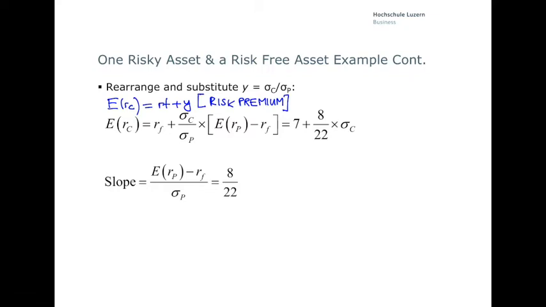Comparing the capital allocation line equation, which is defined by the risk-free rate plus y times the risk premium, we realize that the weight of the risky portfolio is equal to the standard deviation of the complete portfolio divided by the standard deviation of the risky portfolio, and therefore can be replaced by this term. The slope or reward to volatility ratio is usually called the Sharpe ratio, as shown in previous sessions.